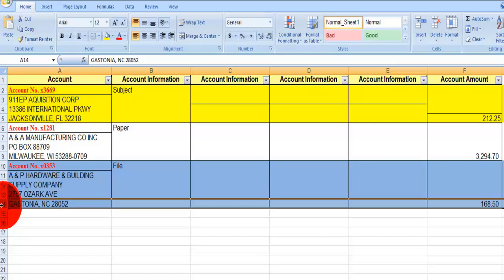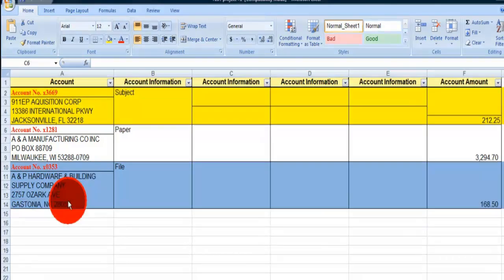Because we only have 3 accounts, in this case there is a maximum of 5 rows of account information. But if we were to have tens of thousands of accounts, we would have a lot more rows of account information, because when you have so many accounts, you have a variety of information that comes in different types, sizes, as well as formats.